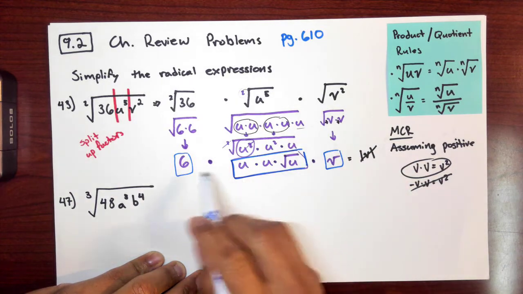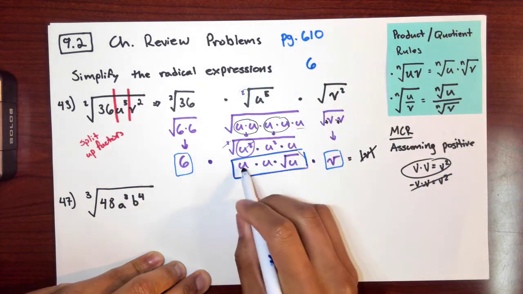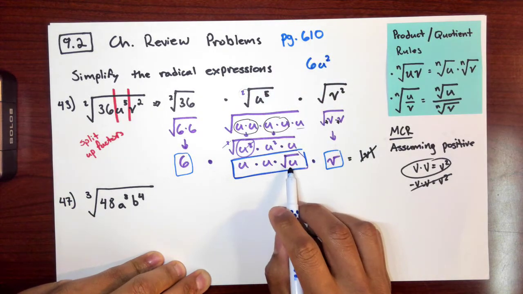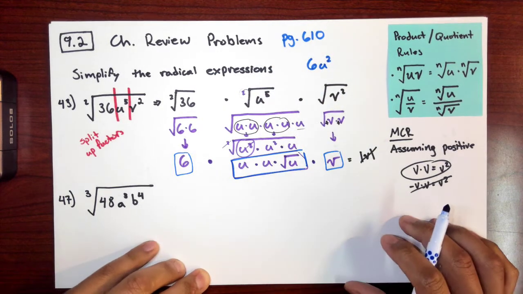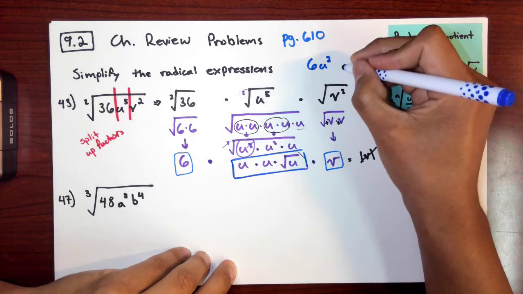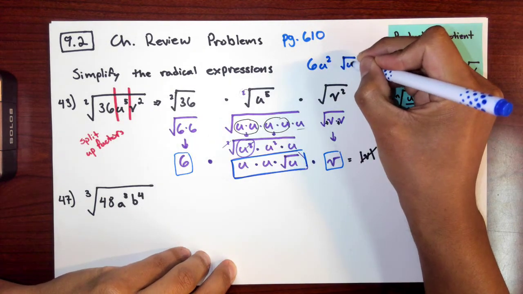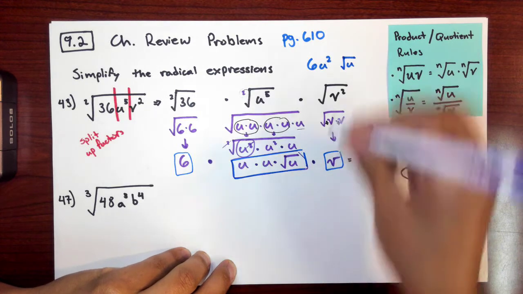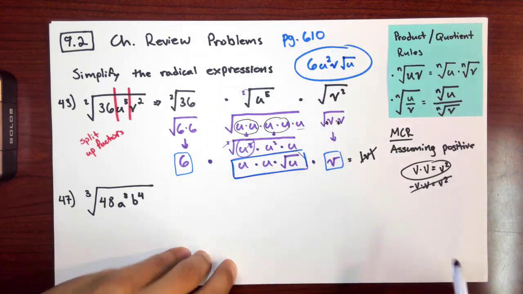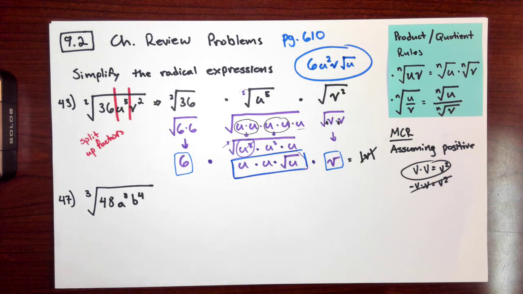Let's put them all together. 6 times u is going to be 6u squared times the square root of u. We're going to leave the square roots, any radical, at the end, and we're going to put that v right there. So this is your final answer, 6u squared v square root of u.